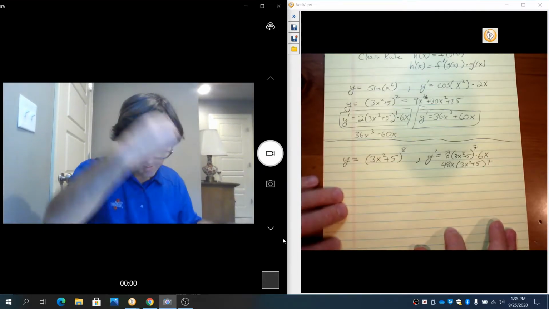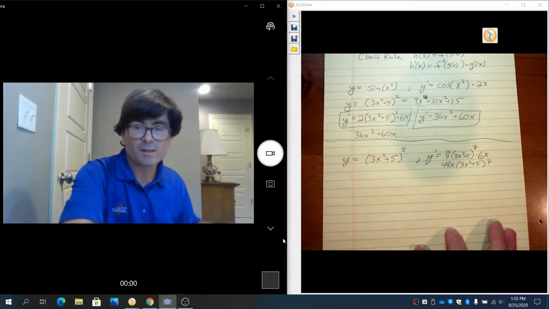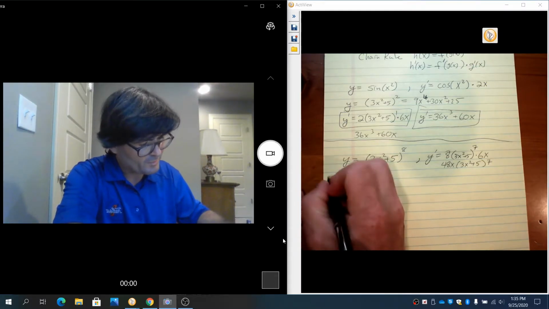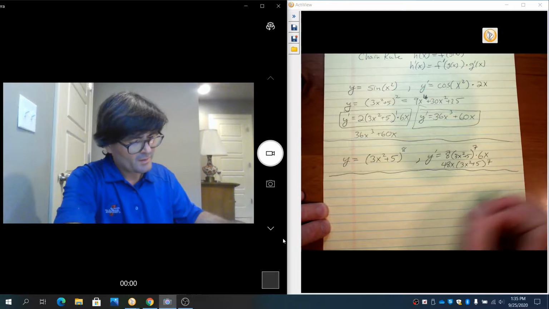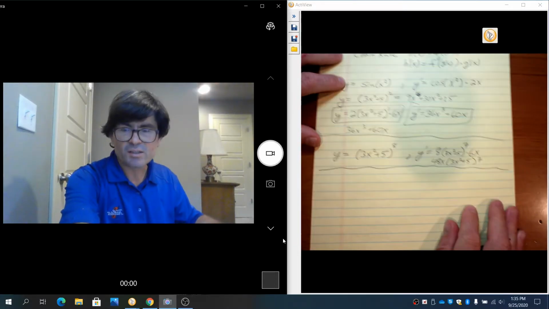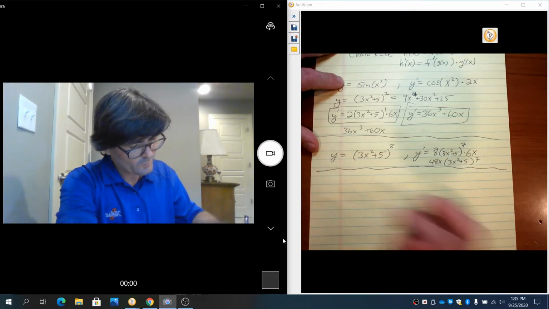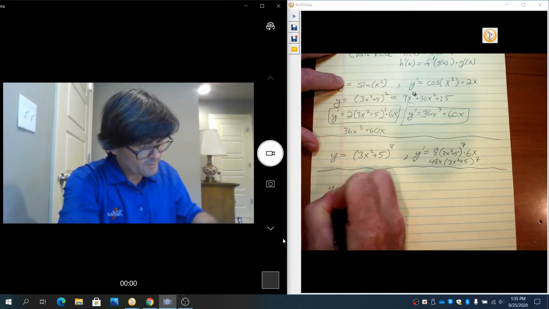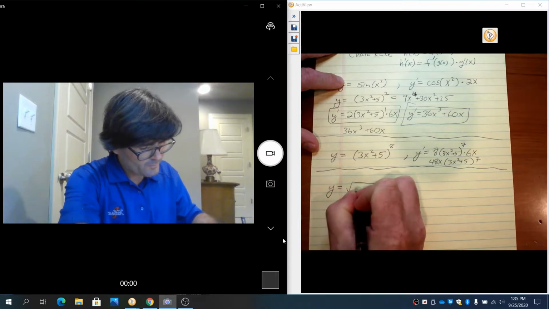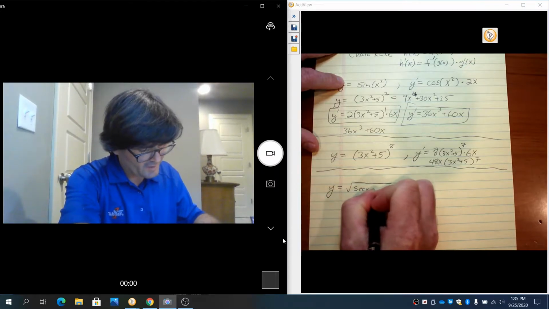So that's just the chain rule in the most basic format. Let's just step it up a little bit, and we'll do a square root of secant plus tangent.